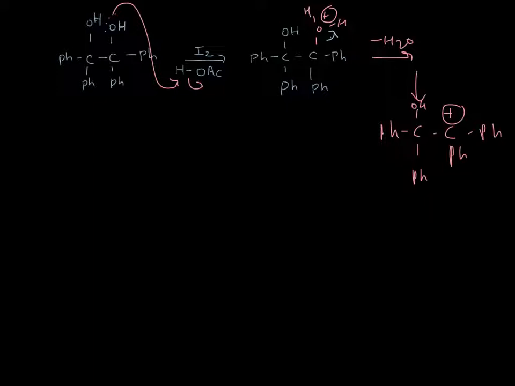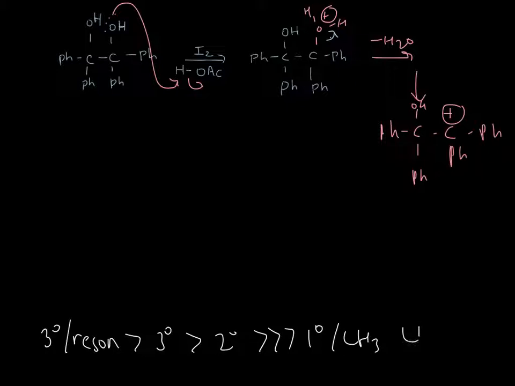So our stability for carbocations is tertiary with resonance beats tertiary by itself, which beats secondary, and you'll never usually see a primary or a methyl carbocation. Those are relatively unstable, so you don't have to worry about that. So with that said, how can we change this tertiary carbocation, which is already really stable, into something even more stable?